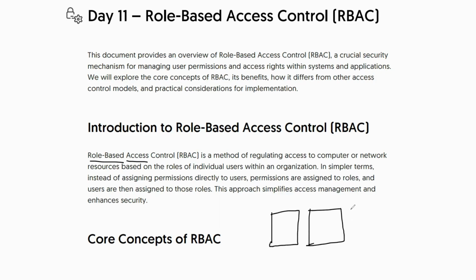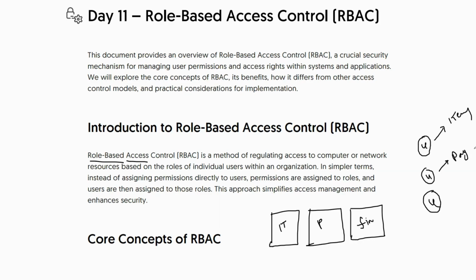In simpler terms, you have three different types of departments. You have the IT, you have payroll, you have finance. Okay. Now different types of applications and three different types of users. On a high level, one user has joined as an IT engineer, one as a payroll admin, and one as a finance leader, say.